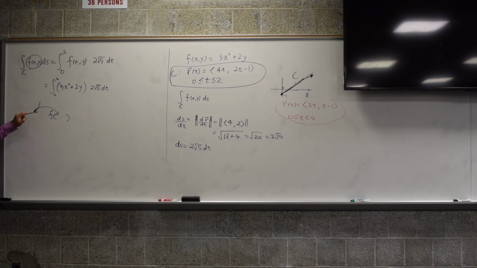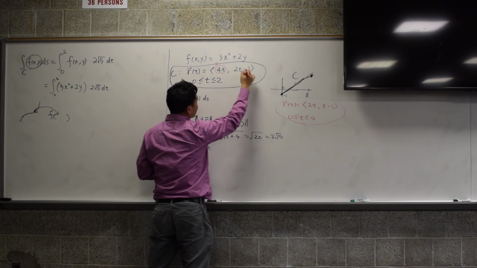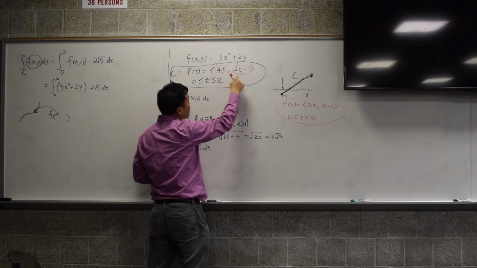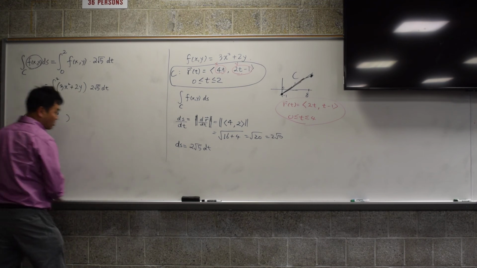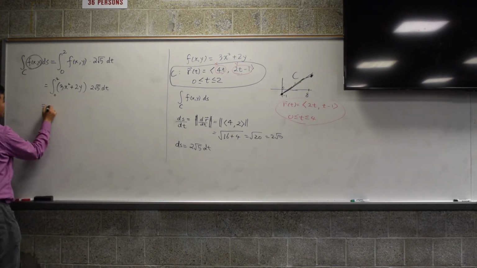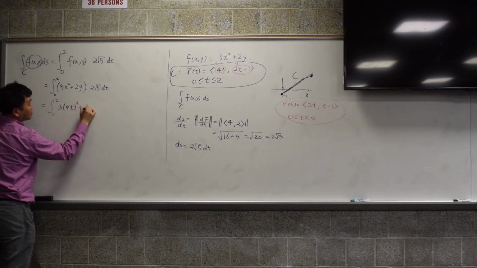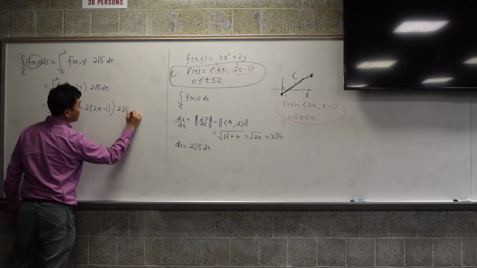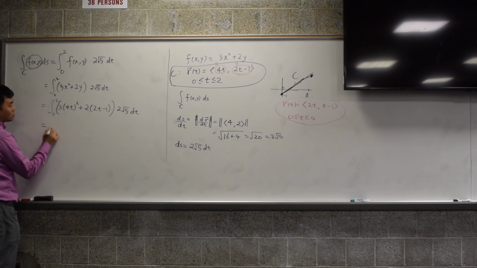This is the x-coordinate of the curve. This is the y-coordinate of a point on the curve, right? So for each value of t, this and this are x and y values. So that's what I do. I plug in this, and then if I compute, that's how you do the integral.